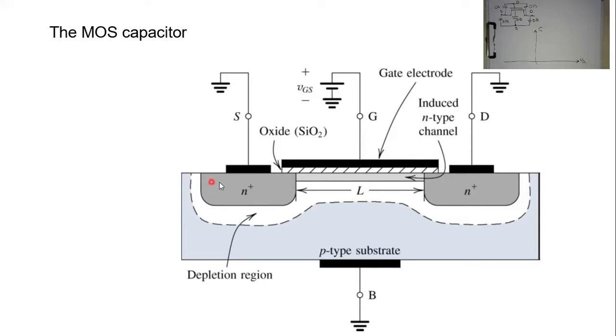So for the first one, I would say that this is the most minor capacitor. Why? Because most of the time, this source is grounded and the body is grounded. Accordingly, it's a thermodynamic equilibrium p-n junction. Of course, in a thermodynamic equilibrium p-n junction, you still have a capacitance because you have a depletion region, as we have studied together. But we can say that this is somehow not so critical.